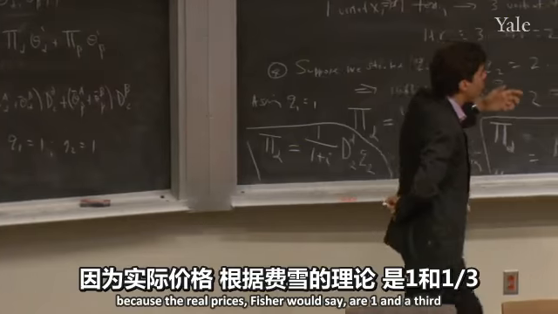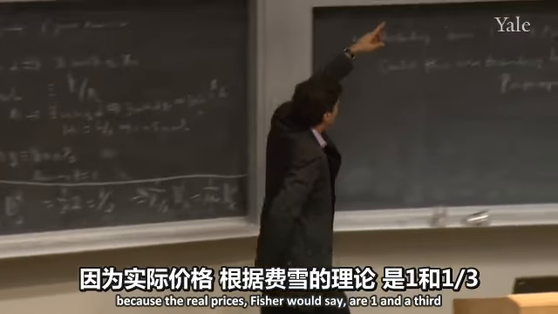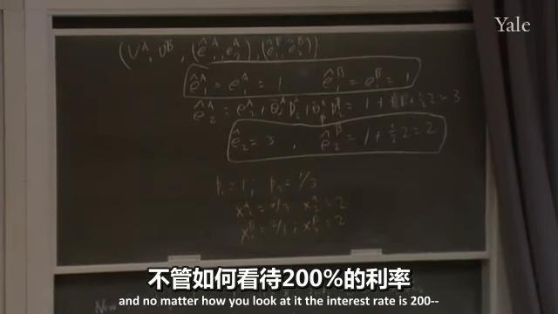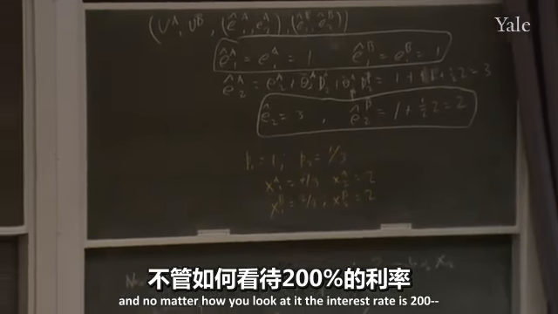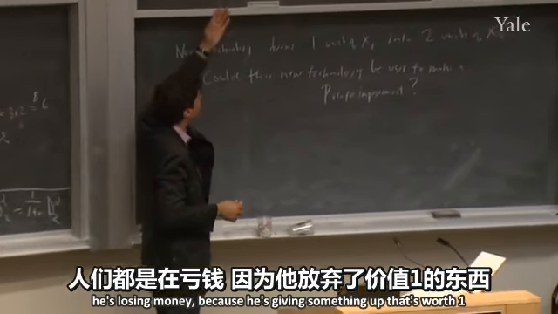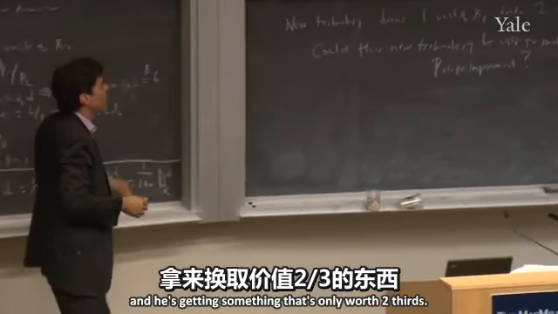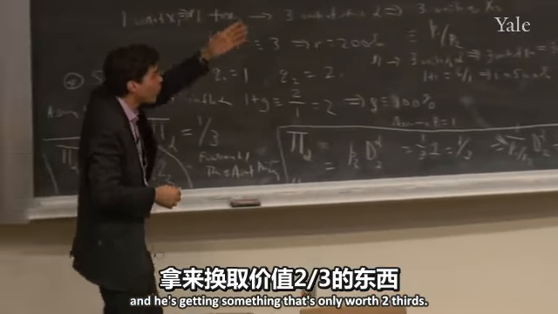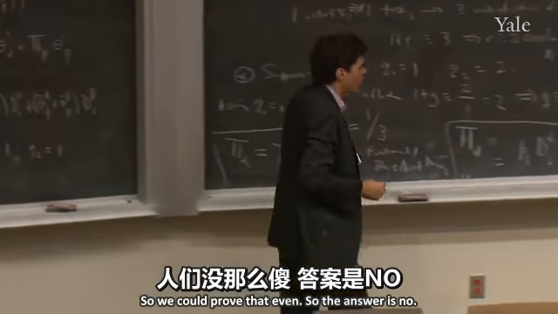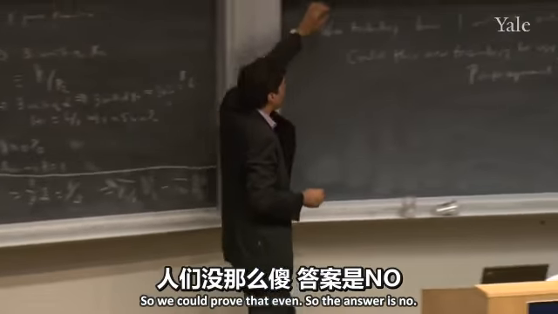The answer is no, because the real prices, Fisher would say, are 1 and 1/3. No matter how you look at it, the interest rate is 200%. He's losing money because he's giving up something worth 1 and getting something only worth 2/3. So he'd lose money, and we could prove that even.